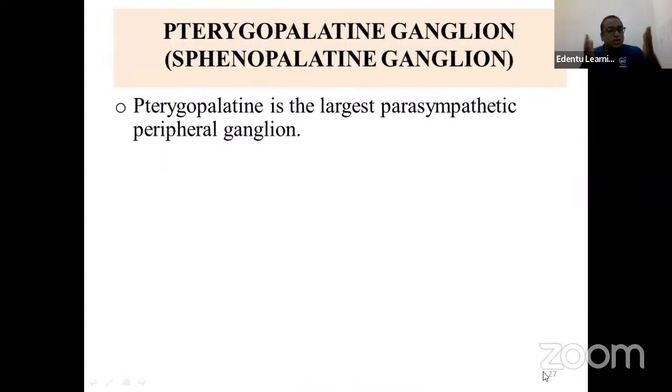So it's a short essay, a 5 marks question, very important. Pterygopalatine ganglion, the other name is Sphenopalatine ganglion. It is the largest parasympathetic ganglion. What do you mean by parasympathetic?